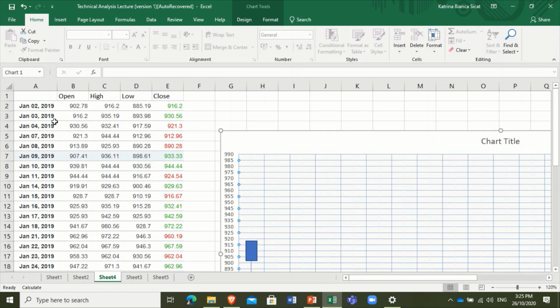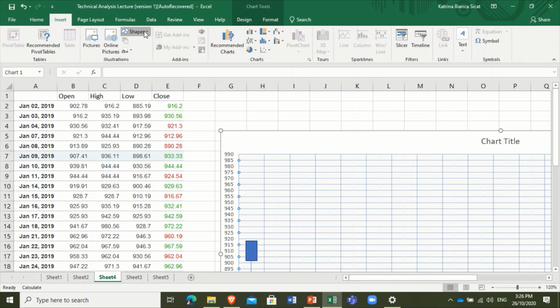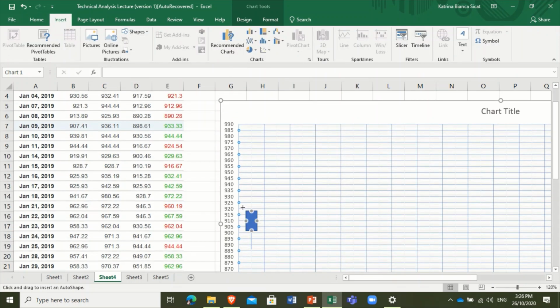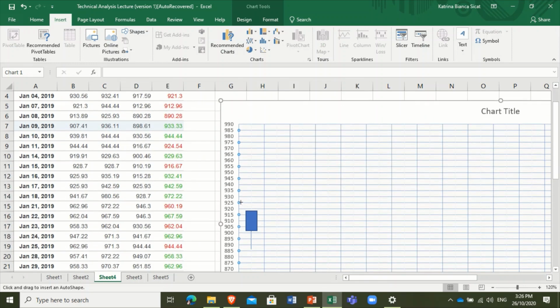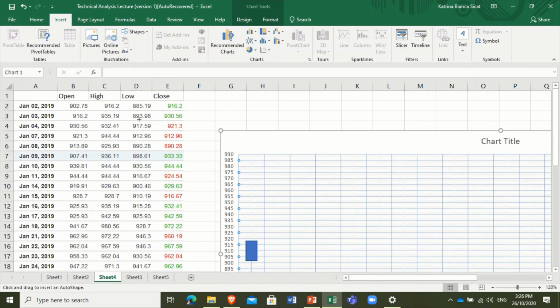How about January 3? Again, you start with your highest and lowest. 935 and 893. So 935, insert. 935, 893. 935, 935, and lowest is 893.